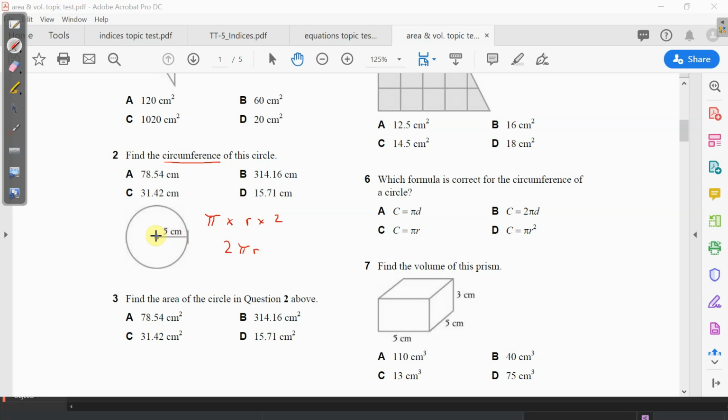Pi is 3.14, so 2 times that is about 6.2. We've got a radius of 5, so it's around about 30. So it looks like that one would be the answer. There's our first formula.